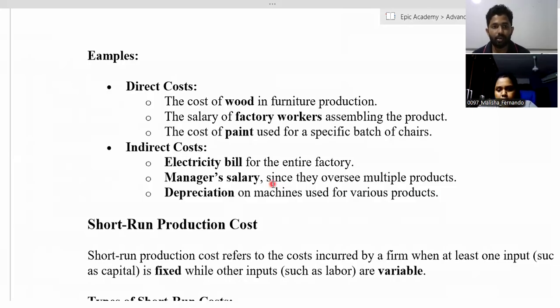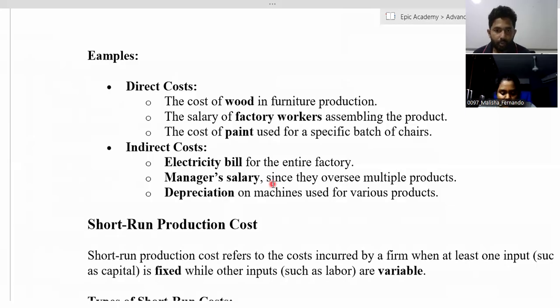So what are the indirect costs? Electricity bill for the entire factory. We can use electricity power for another production also. Manager's salary, since they oversee multiple productions. Yes, they can use those managers to produce other productions, their knowledge.